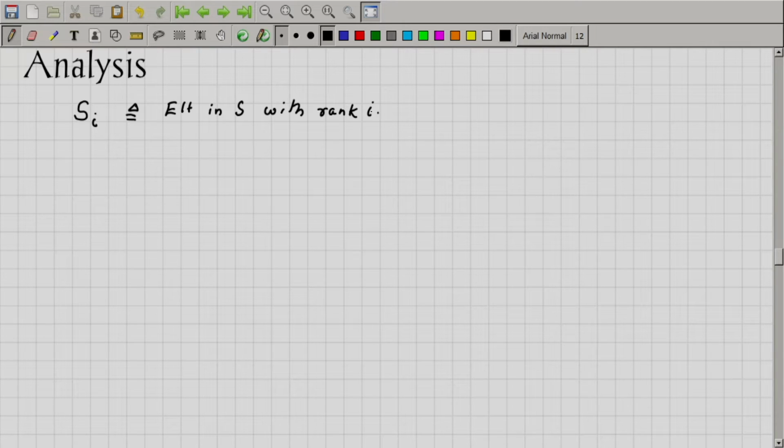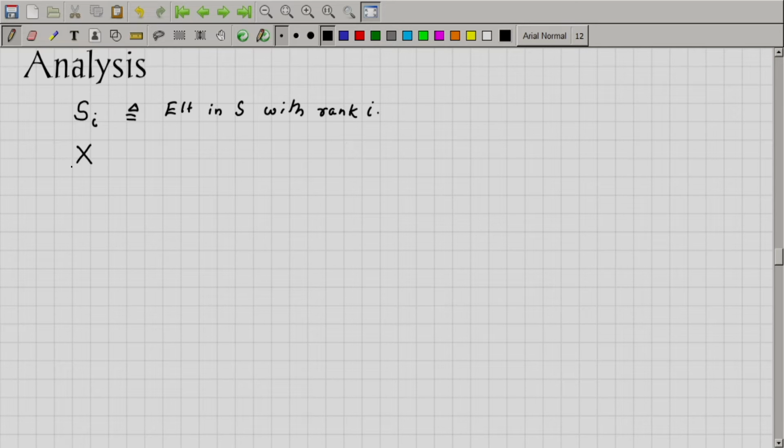So, the ith smallest element in S we will denote by Si, and this is not a random element, Si is a fixed element. If you are given a particular input, Si is the ith smallest element in S.